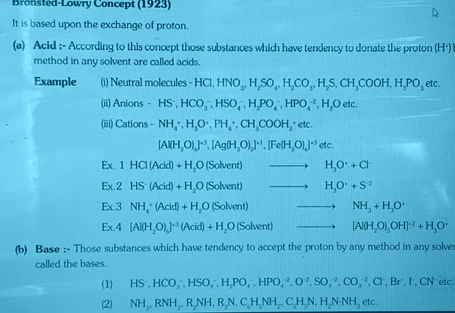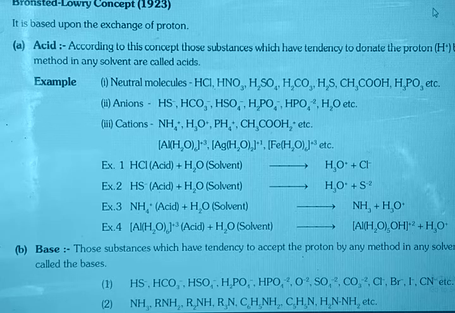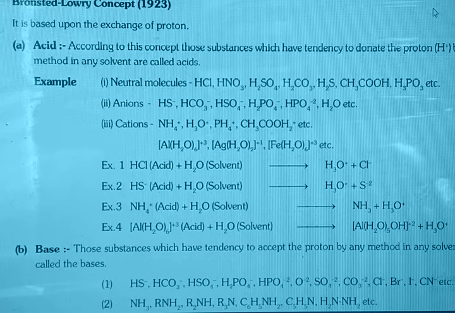As you know very well, any chemical species or substance which has a tendency to donate proton is an acid. HCl has donated its H plus ion to H2O and H2O became H3O plus, that is hydronium ion, so HCl is an acid. Similarly, HS minus will also dissociate H plus, so it will be converted into H3O plus and S2 minus.